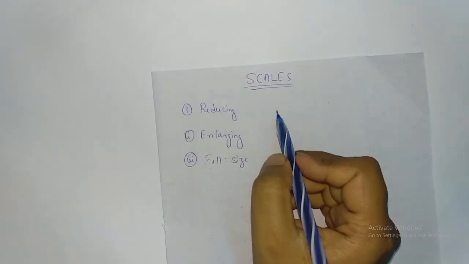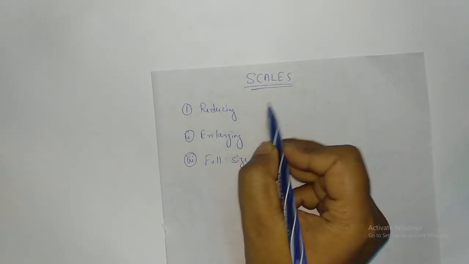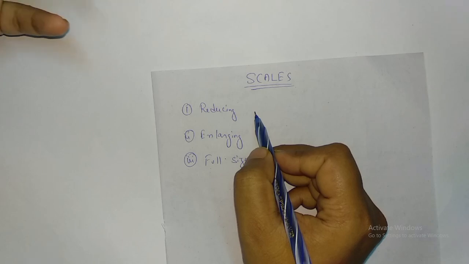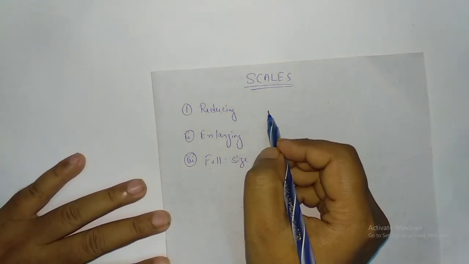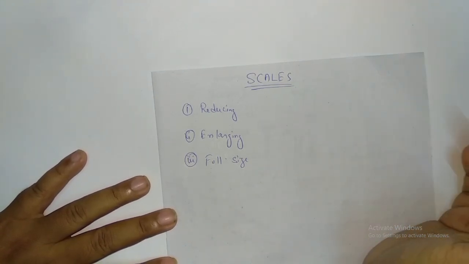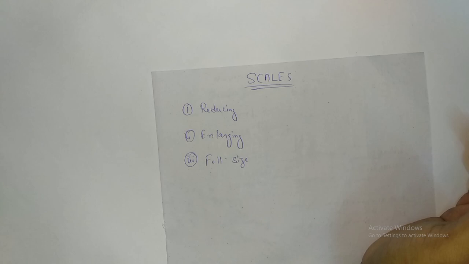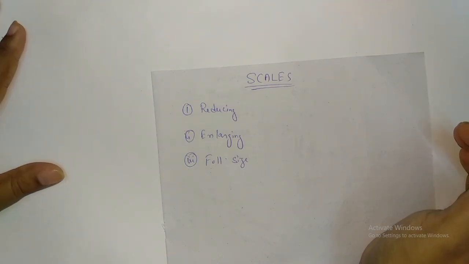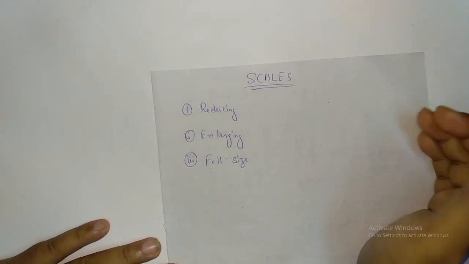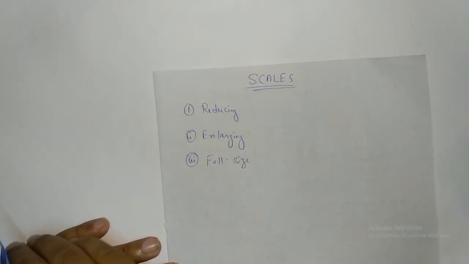Okay, so in the reducing scale we are going to draw the diagram which comparatively has less dimensions than the original drawing. Suppose you have some dimensions of 20 meters. I can't draw 20 meters in a drawing chart, so in that case we are going to reduce this 20 meters into some centimeters.